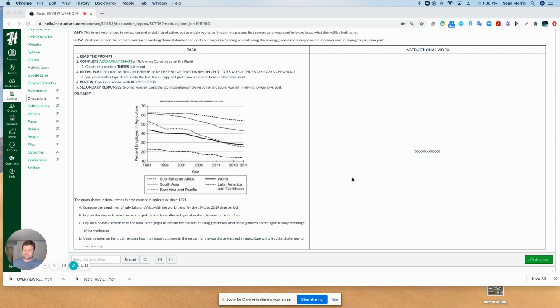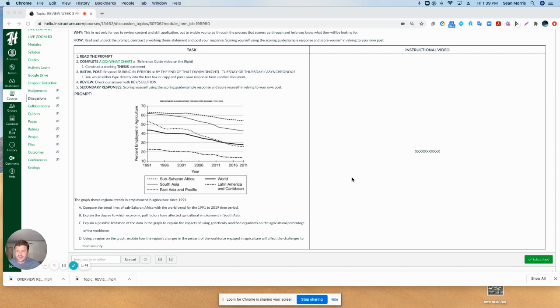Jobs. C, explain the possible limitation of the data in the graph to explain the impacts of using genetically modified organisms on the agricultural percentage of. So we know that if we're using GMOs, if you're using mechanized agricultural machines, you know that takes less manpower.